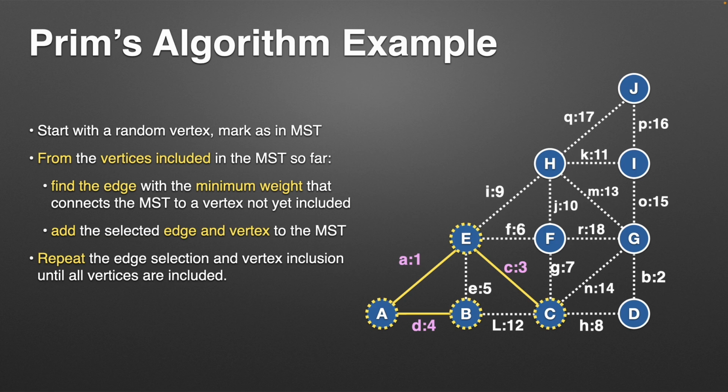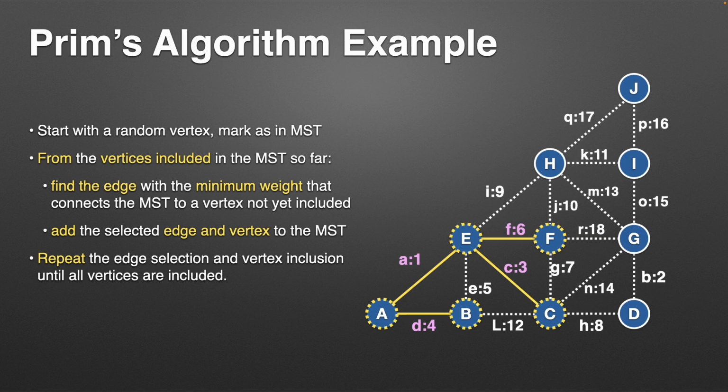But it doesn't meet the criteria of linking something that's not already in the minimum spanning tree. So we do have to consider that as well, which is pretty easy to do, right? We keep a list of that. So yes, we will choose edge F, which is a weight of 6. And that will add the vertex F to our minimum spanning tree.